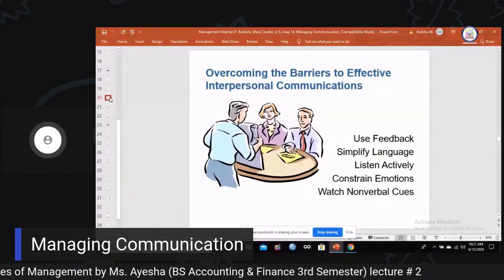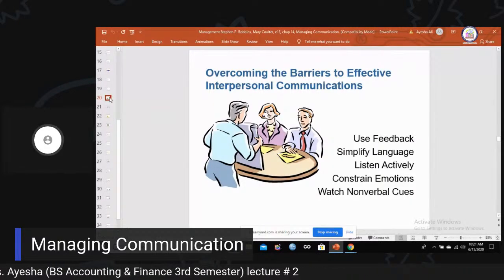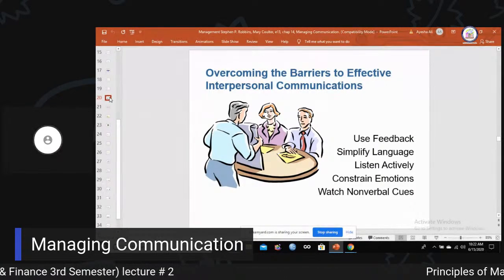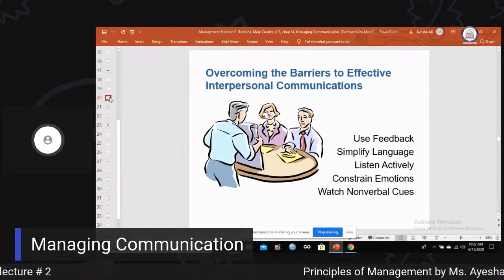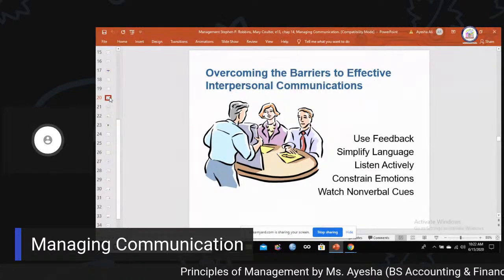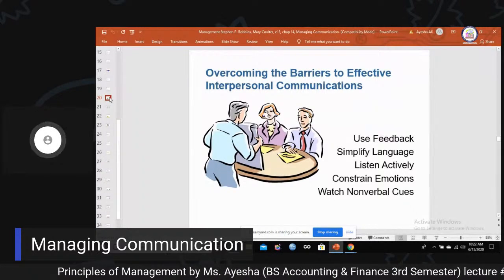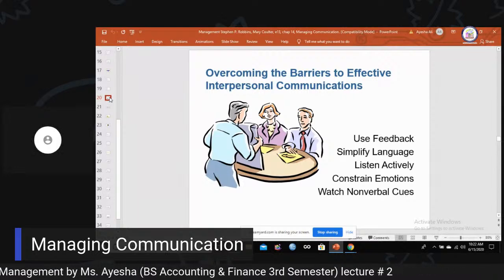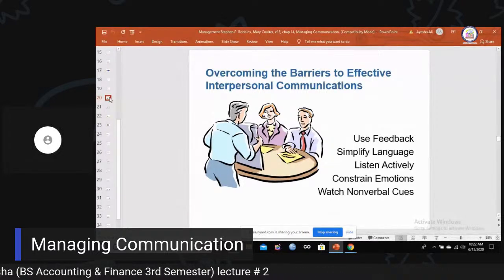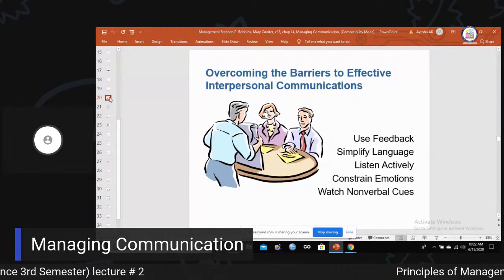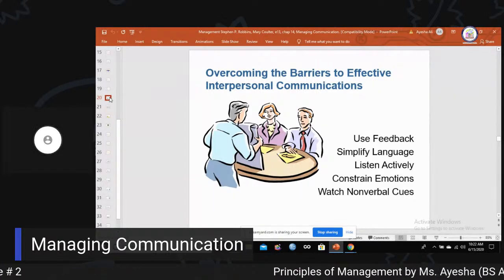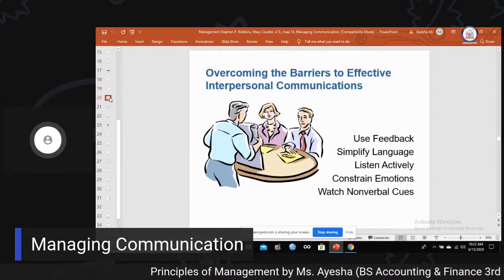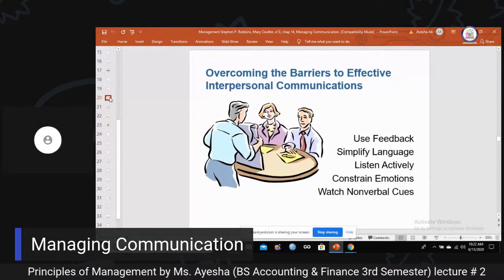We can take a break, drink a glass of water, or change the location if we feel like this. So we can constrain emotion, and after that we can make more rational, more logical decisions.